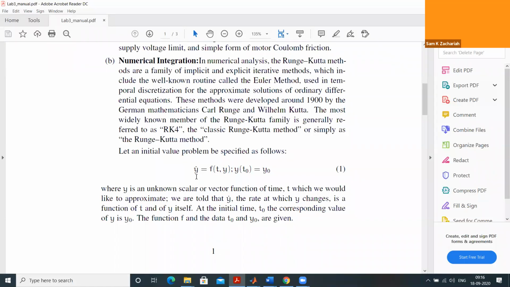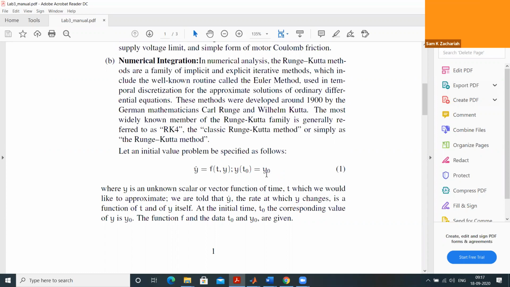But because this only mentions the slope of y, to uniquely express it we require the initial value of y at a specified initial time t0. So it is an initial value problem.